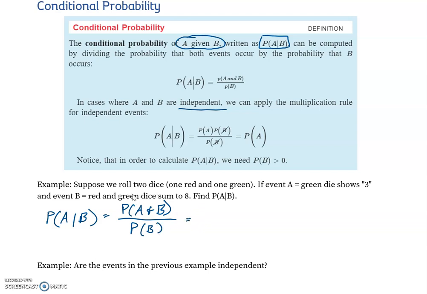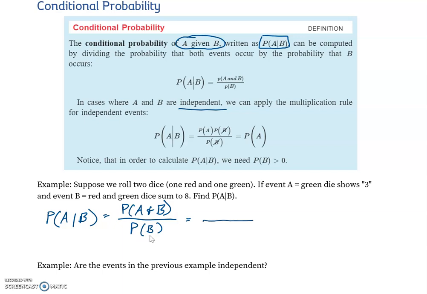If you want to write in A and B, as in the green die shows 3 and the sum is 8, that's totally fine, but we can also keep it generic. Probably the easier thing to do is to find the denominator first, which is the likelihood of B occurring.